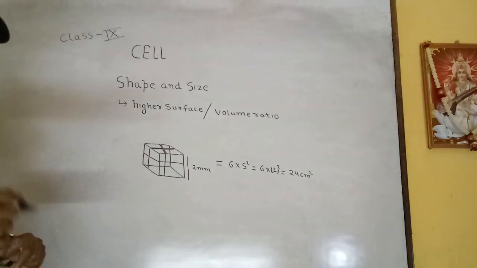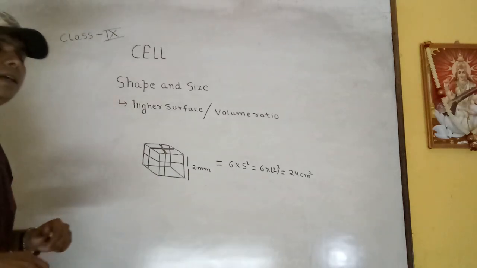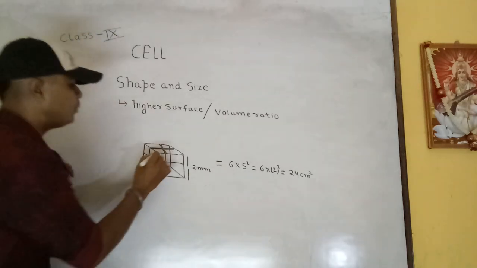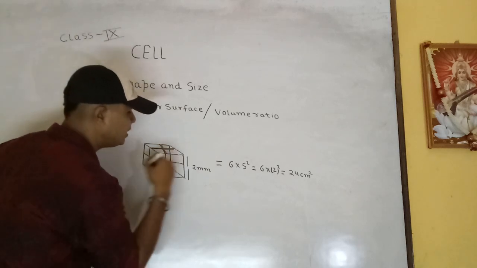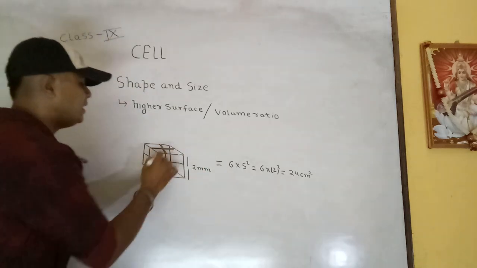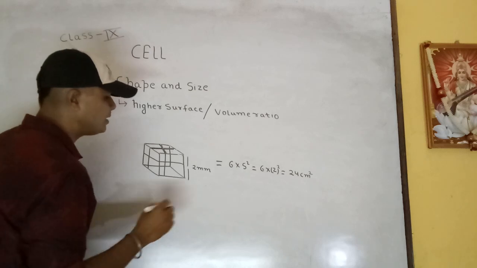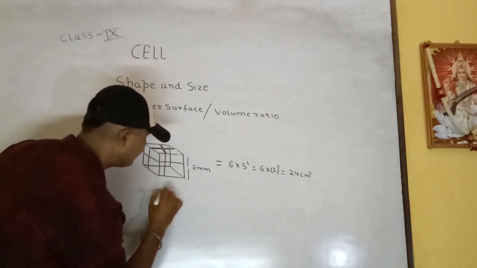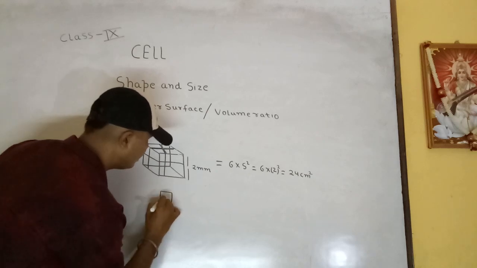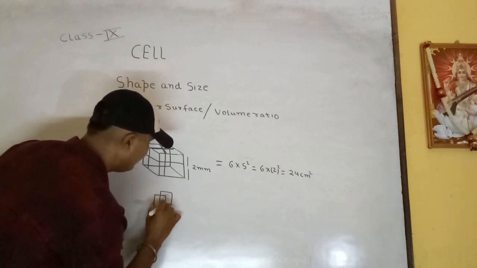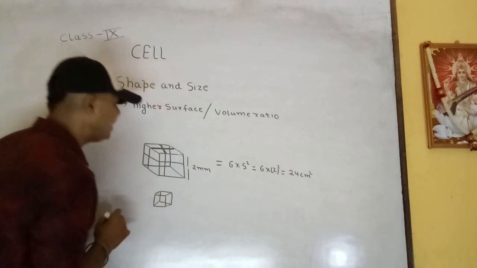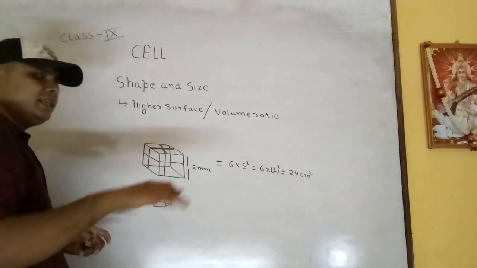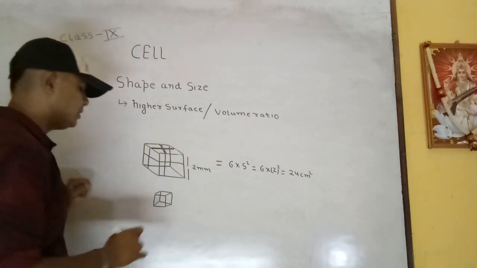And what will be the dimensions of each resulting individual cube? We will obtain a small cube having side of 1 millimeter. That means the side is reduced to half when we divide it into 8 equal parts.